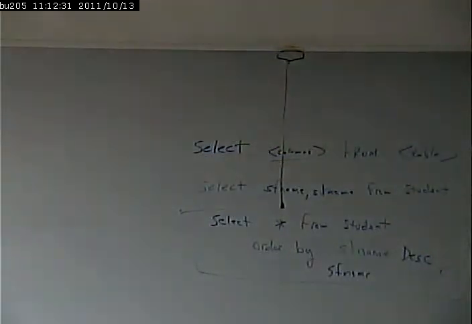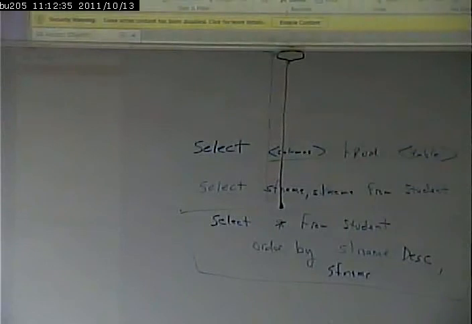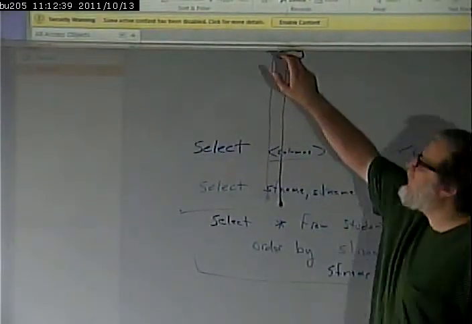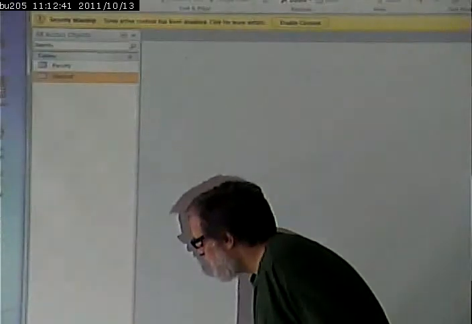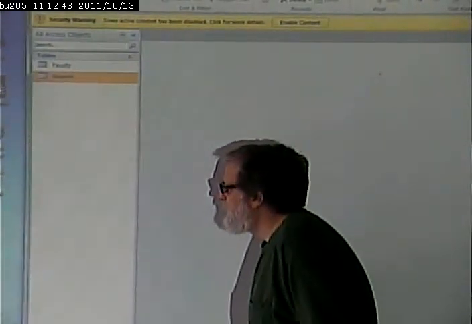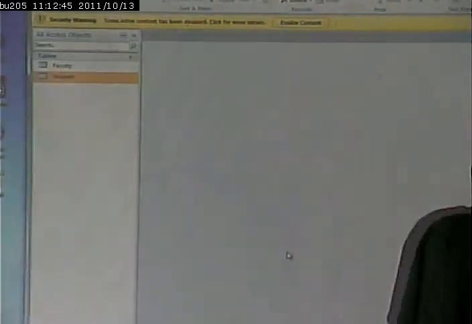What I want to do is a list of all the faculty members and display their names in alphabetical order, and display their last name, first name, and email address.